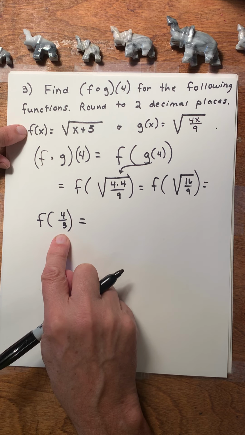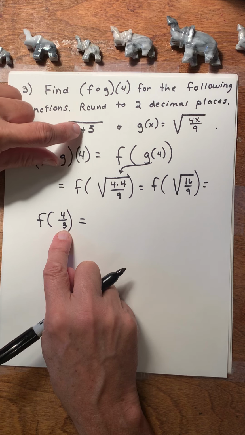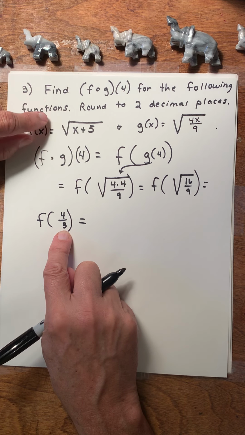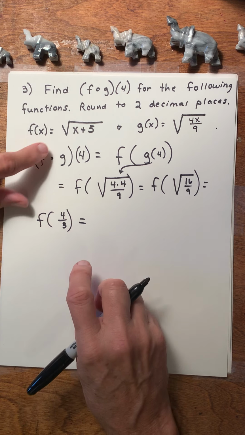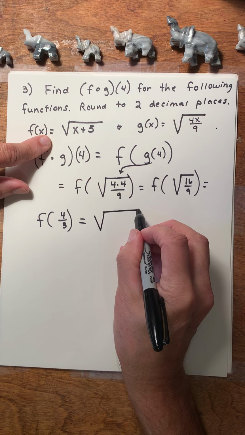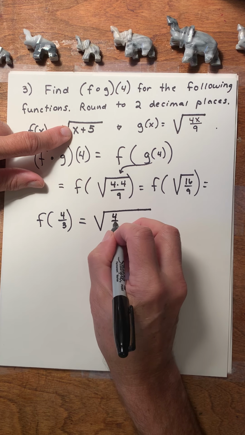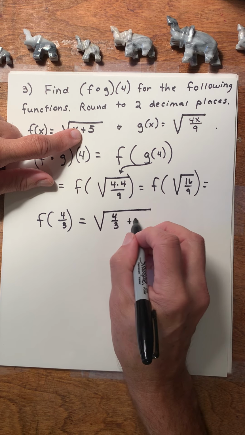Here's my function f. It says everywhere I have an x, a value, I'm going to put that plus 5 and take the square root of it. So f of 4/3 means the square root of 4/3 plus 5.